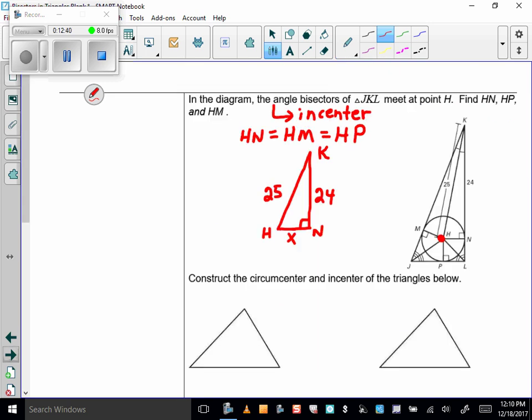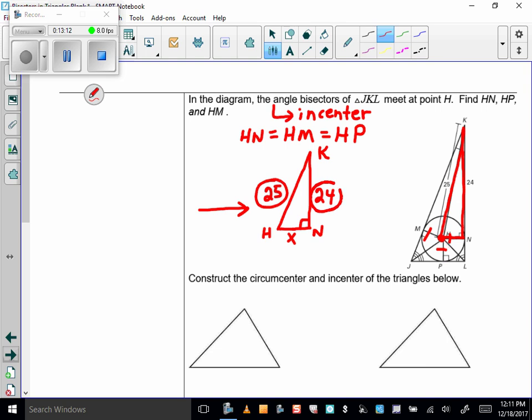Okay, how about this one? Once again, angle bisectors, so I know I'm talking about the incenter. Therefore, I know that HN is going to be the same length as HM and as HP. So what I did here, guys, is I broke out this triangle right here. Oh, look, I know how long the hypotenuse is. It's 25 units.